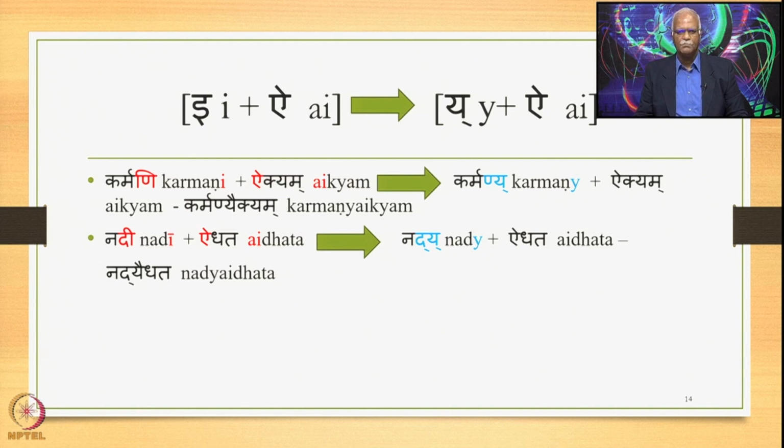And then we have Nadi plus Aidhata. Aidhata is the past tense of Edha. Edha means to grow. So Nadi Aidhata. And we have the environment for the application of 6177. So it applies, and the output is Nadya plus Aidhata, Nadyaidhata.